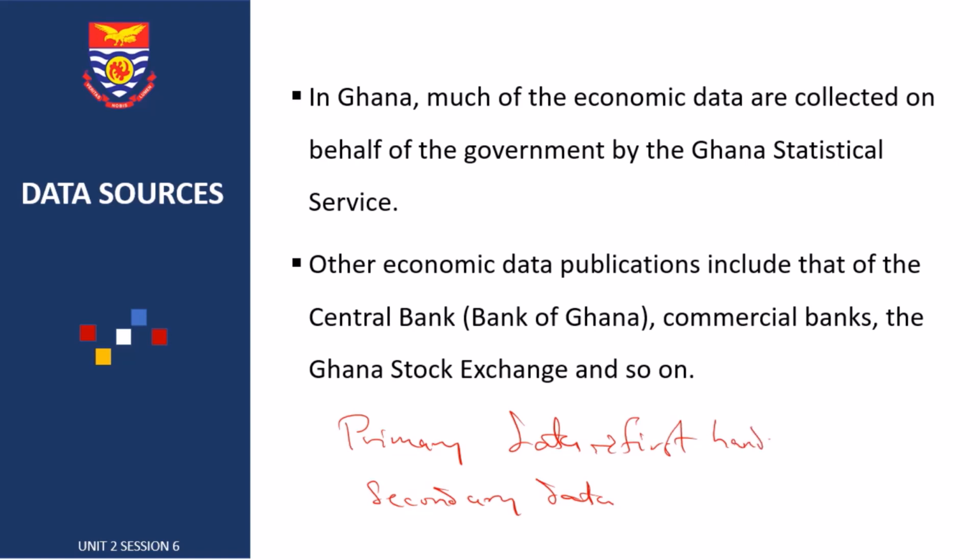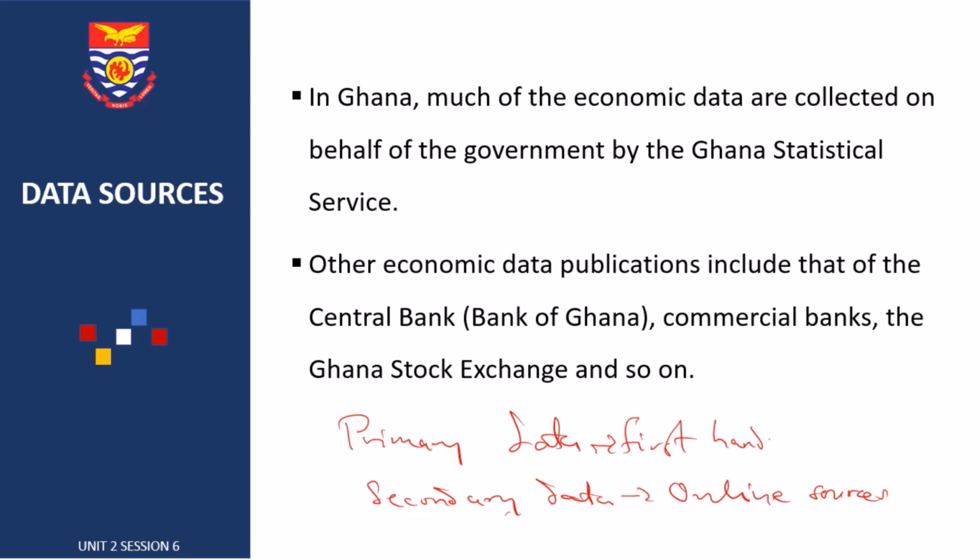The secondary ones we normally get by online sources. So when I go and collect data from, say, Bank of Ghana and I upload it to a website whereby someone else can access it, me going to collect first hand is primary. When I upload it, the person now downloading from the website I uploaded is going to deal with the data as secondary data.